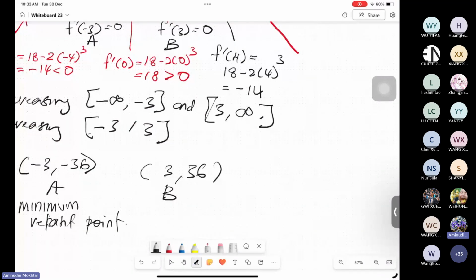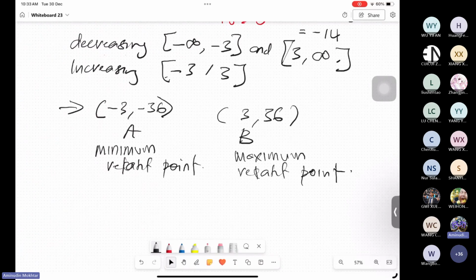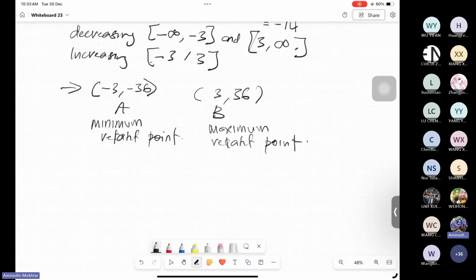So we can conclude that point B is the maximum relative point. That's how to determine the minimum or maximum point based on the first derivative method.